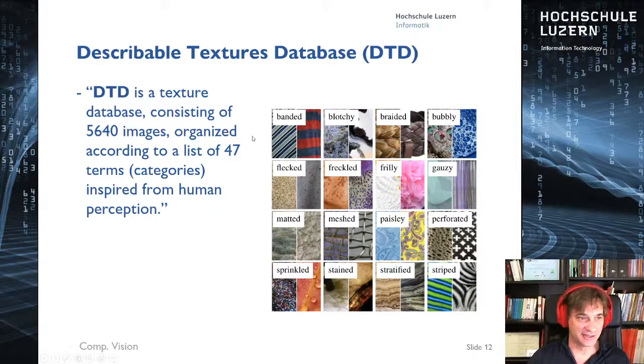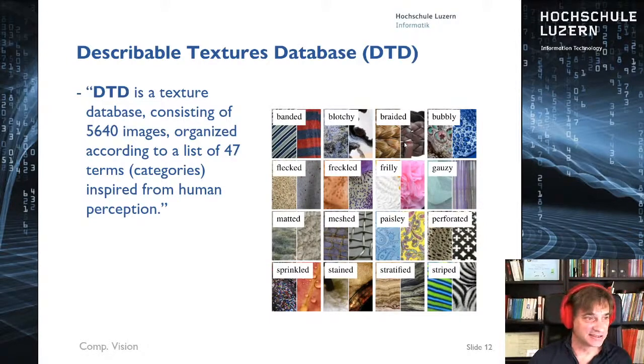So for example, the texture banded is everything that has to do with stripes in one way or another. Or okay, there's banded and striped, so striped would be more parallel stripes, and banded can be any stripes here. Or we have something like braided, that could be hair or other things in braids, etc.